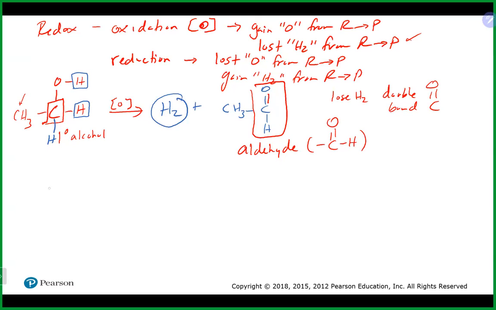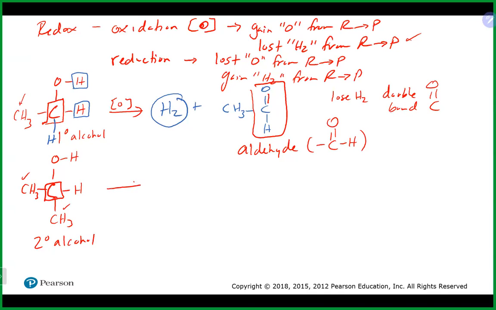Now, if we take a secondary alcohol, which I'll try to draw a little bit better here, I'll do this guy here and this guy here. Once again, this carbon is attached to the OH group, has one carbon and two carbons attached directly to it, and that is a secondary alcohol.